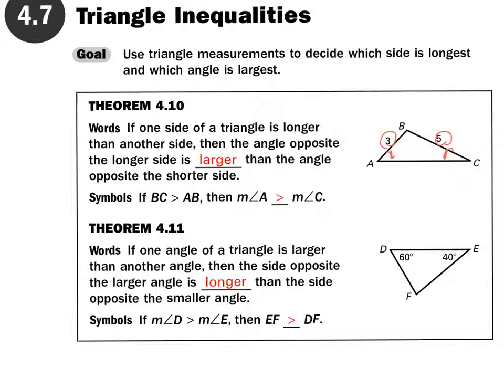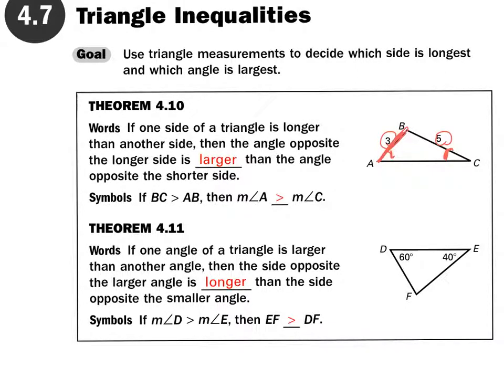Okay, so remember, one side of the triangle and the angle opposite of it always correspond to each other. And theorem 4.11 says if one angle of a triangle is larger than another angle, then the side opposite is longer than the side opposite of the smaller angle.